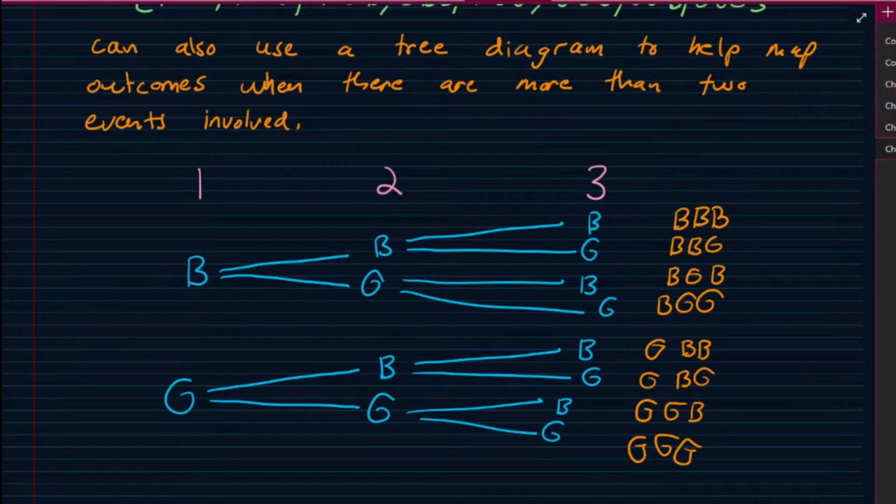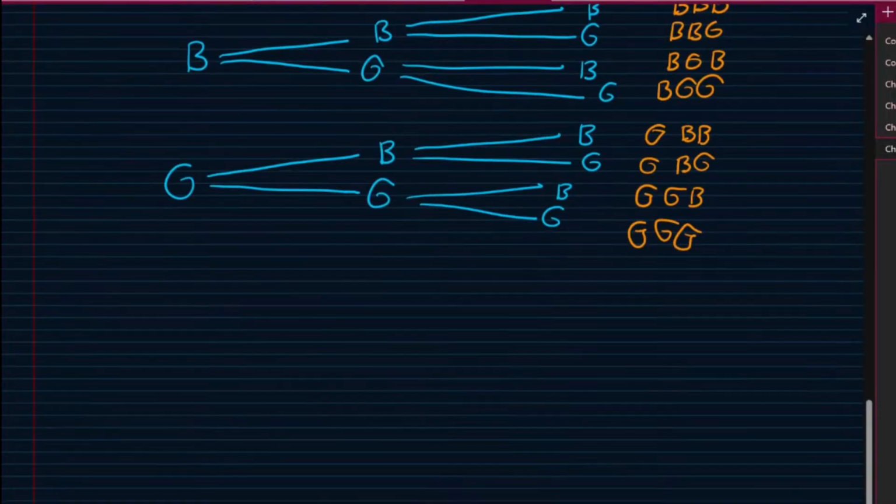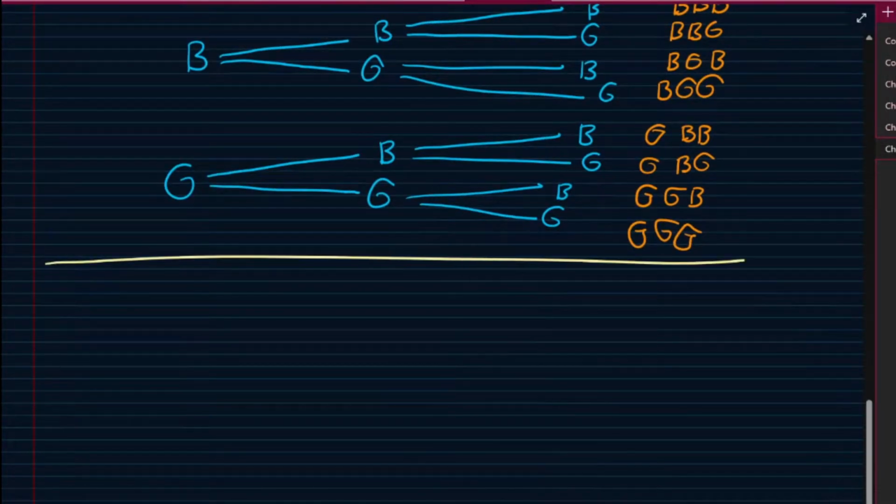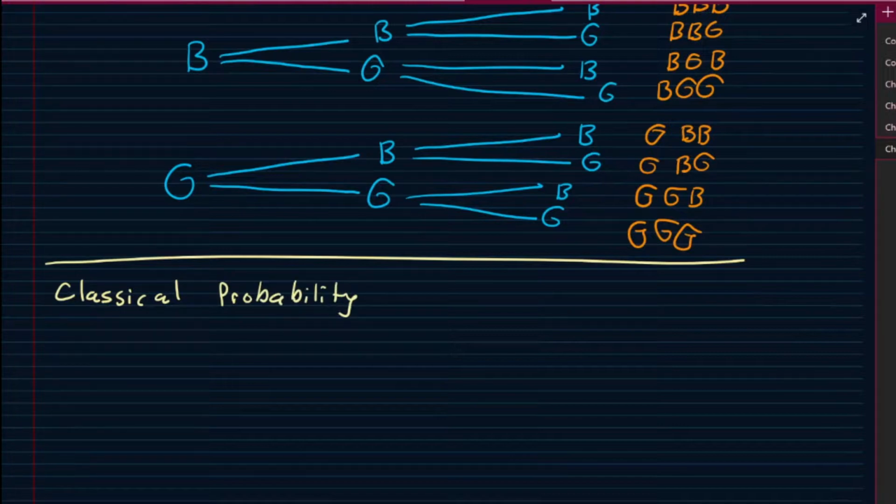Okay, so that allows us to start talking about what's called classical probability. It's an extremely easy formula. Let's go ahead and give the definition.